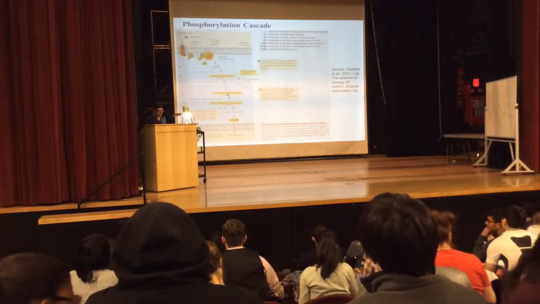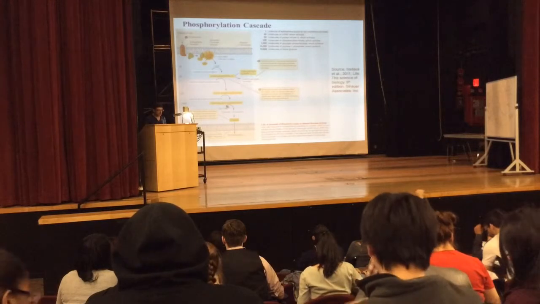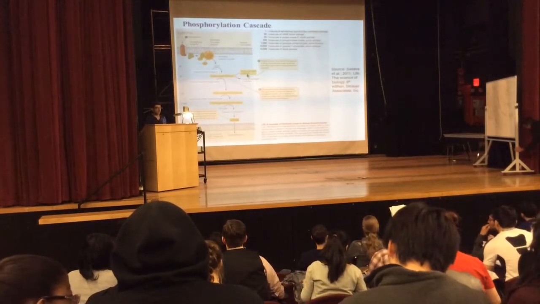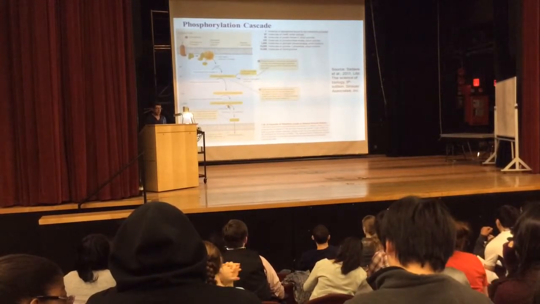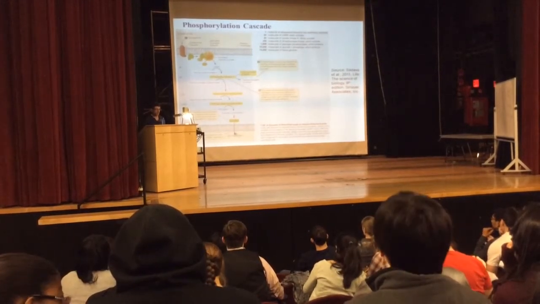So the active phosphorylase kinase is going to activate another enzyme, which is glycogen phosphorylase, which is going to break down glycogen. So you deactivate the enzyme that makes glycogen, and you activate the enzyme that is going to break down glycogen. And the final response is releasing glucose into the bloodstream.